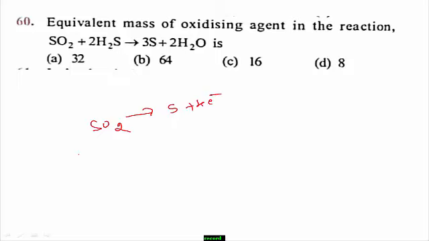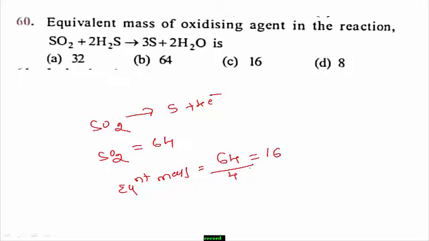Molecular mass of SO2 is 64. Therefore, equivalent mass equals 64 divided by 4, since 4 electrons are involved. Therefore, it is 16. Yes, the right answer is option C.